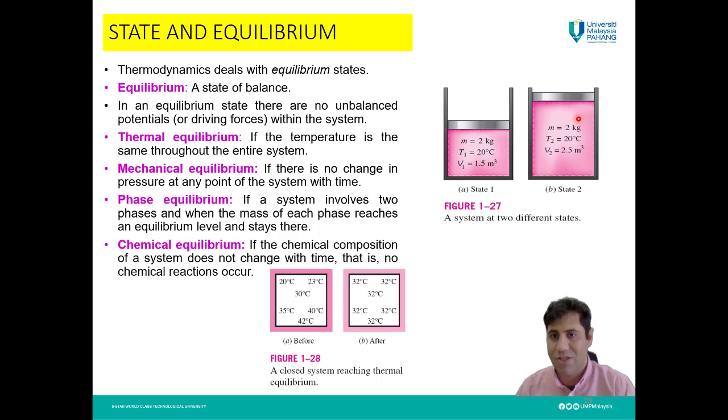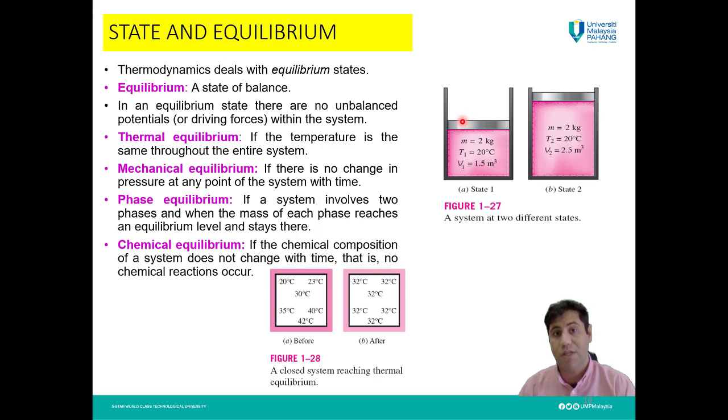But at this specific point, it is constant. Between these two, it is in transient. It is changing, and we cannot actually calculate or deal with that kind of system. So usually in our calculation, in our consideration, we should know about the equilibrium state.